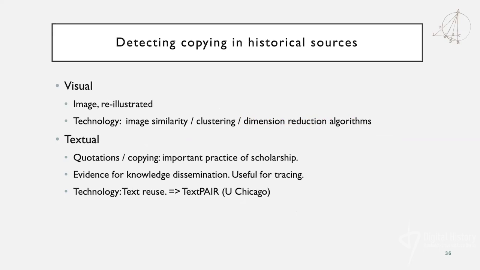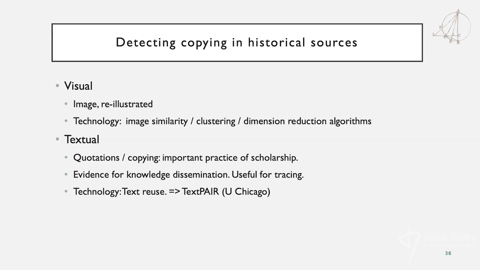So in terms of technology, right now we want to employ two sets of technology in detecting the copying of historical sources. One is visual, the other is textual. For the visual copying, we already see that different versions often have very similar illustrations, maybe re-illustrated and recarved in wood blocks and then printed.